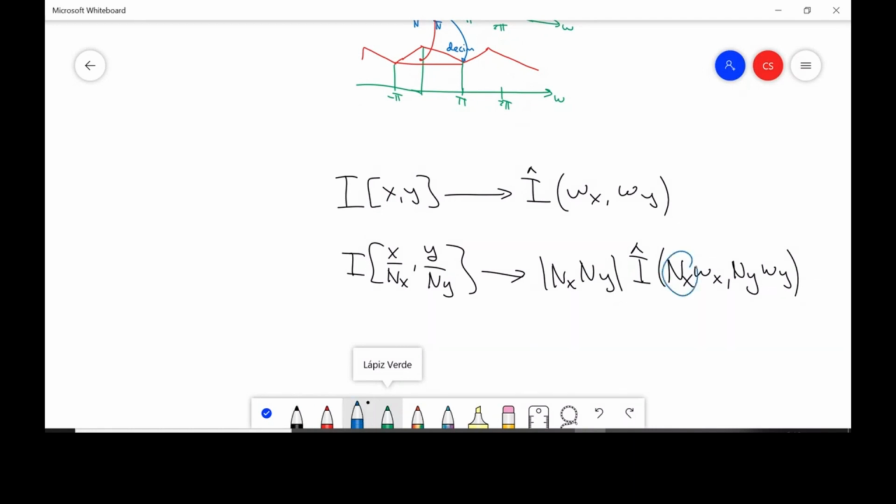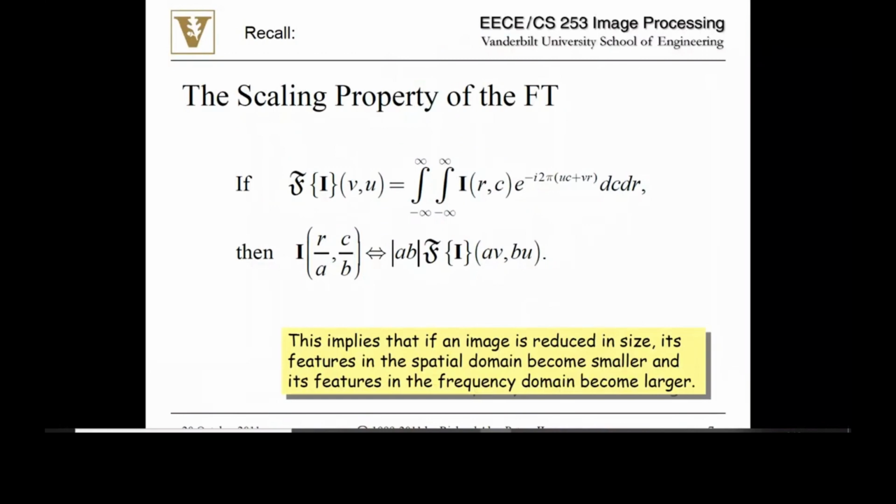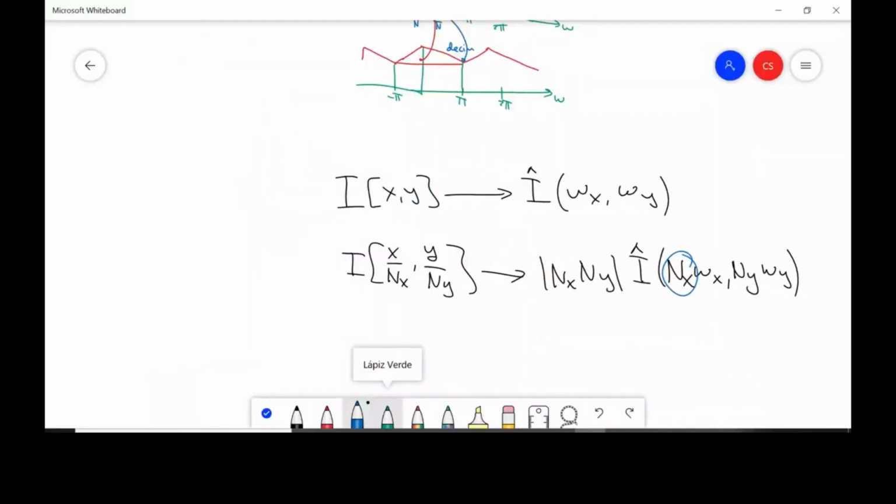And this term here, let me check that I did not make a mistake. So this term here is the one that makes the expansion. So it is the one that takes this kind of spectra and converts it into this.